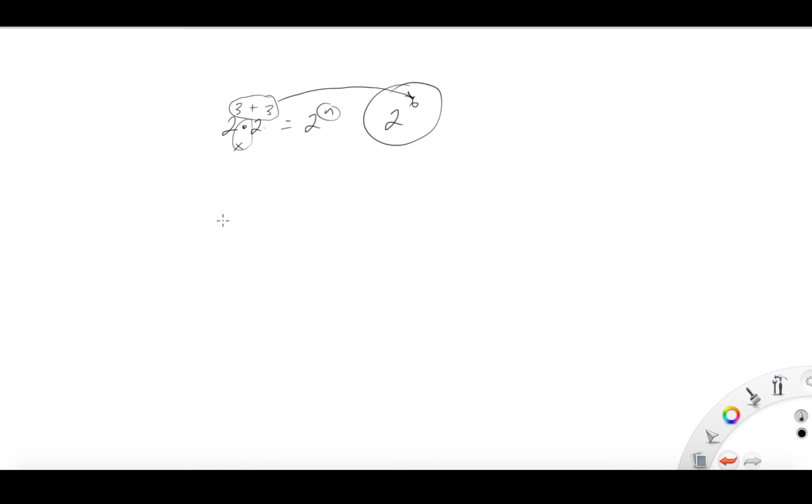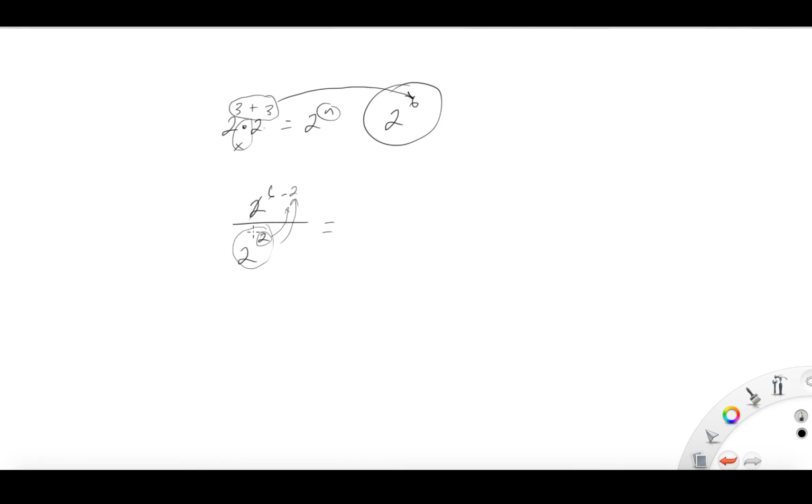The opposite is true when you divide. So let's say 2 to the 6th power divided by 2 to the 2nd power. What does that equal? Well, if we move this exponent up to the top, it becomes a negative 2.